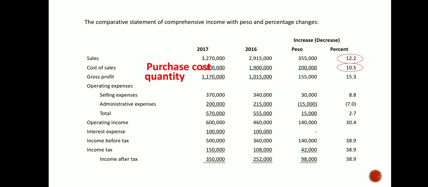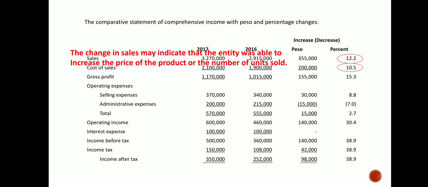So the 12.2% change in sales could indicate that the company was able to increase the price of the product or the number of units being sold.